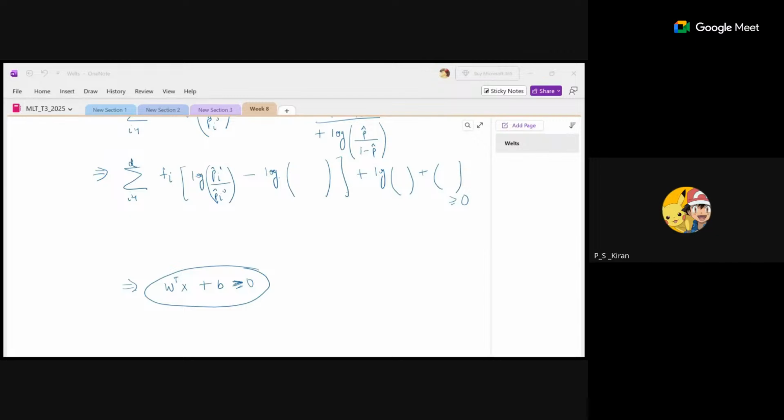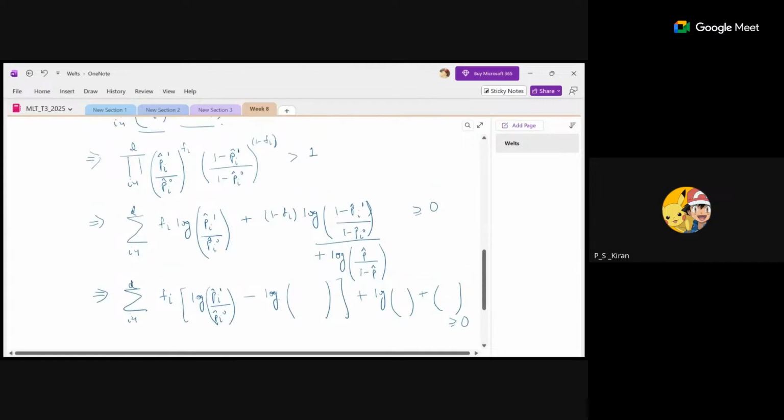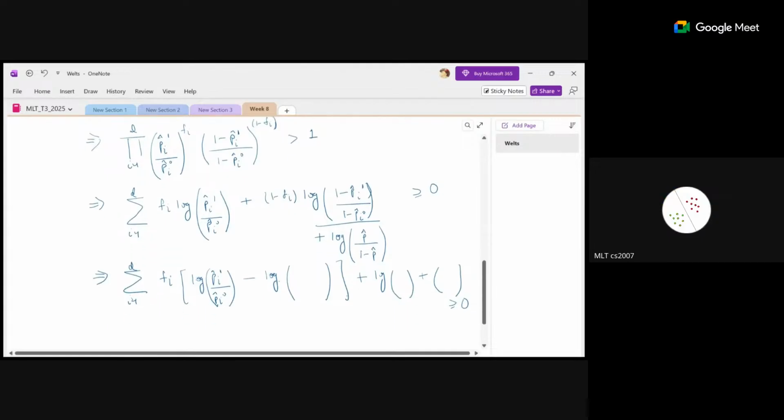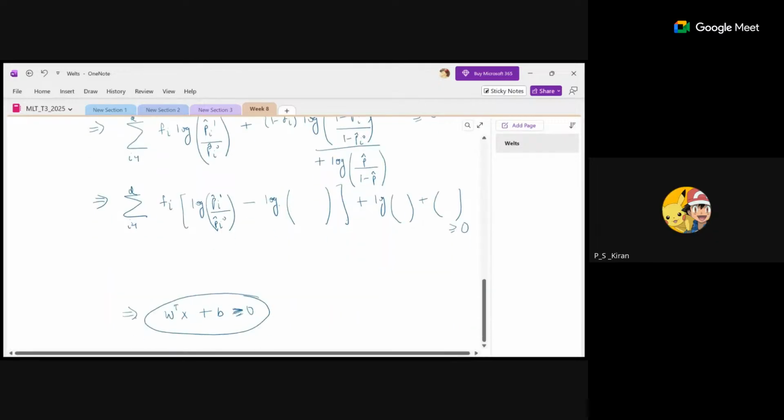There is fi into this log thing, no? The difference of these logs gives the weight values. We are getting W transpose X, and X has the feature values.